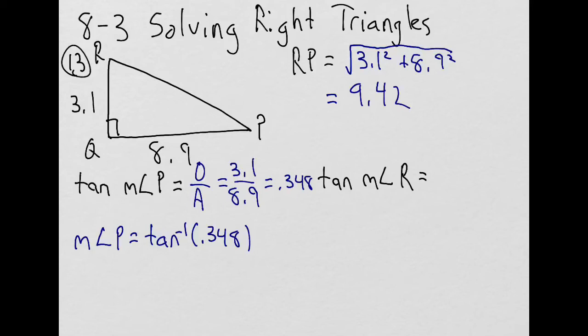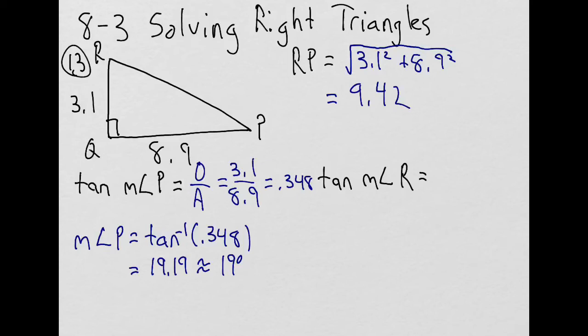That should be a function on your calculator. Remember, your calculator needs to be in degree mode. The little -1 means inverse. On my calculator, I got about 19.19, which you can round off to 19 degrees.